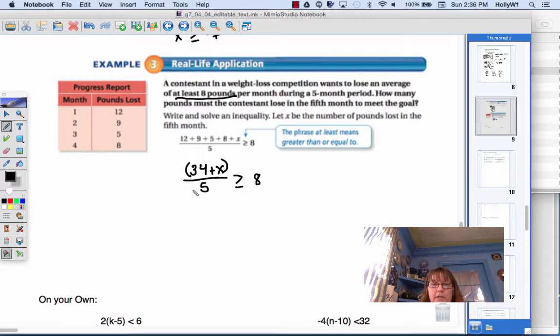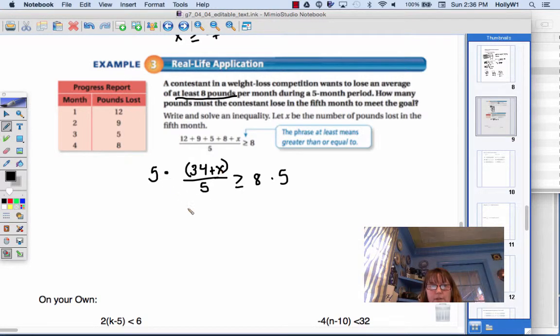So we're going to actually get rid of the divide by 5 first, which seems different than the way you're used to doing these, but we have to undo this first because 5 is dividing the 34 and the x.